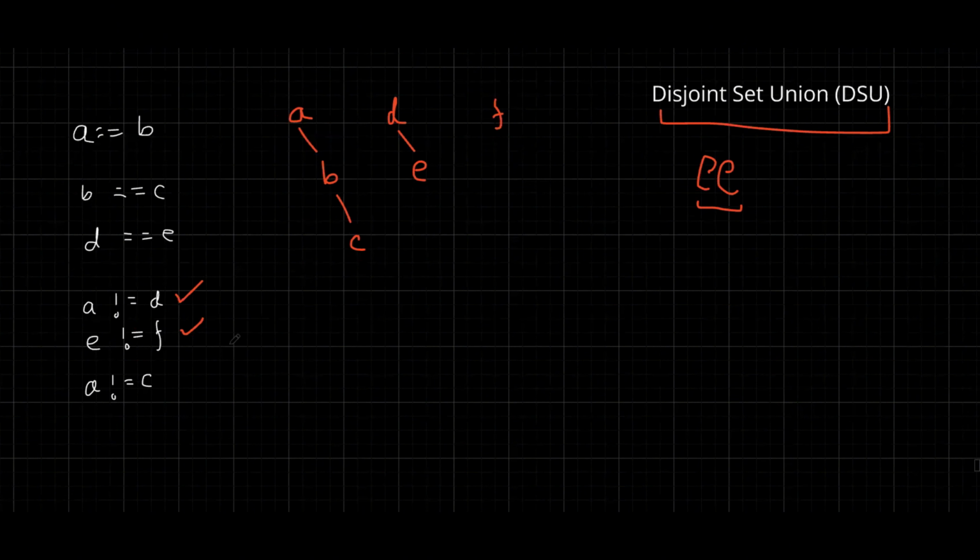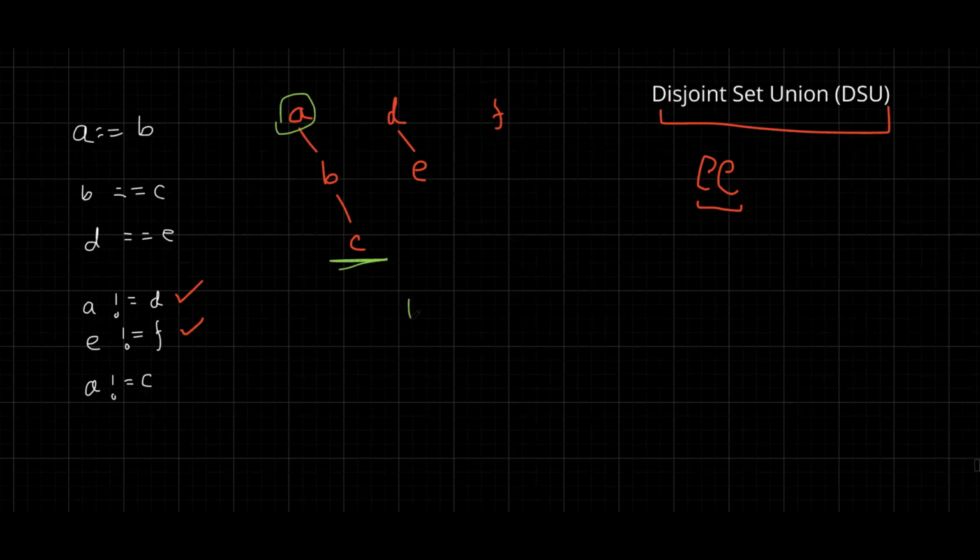So here, now our problem is how can we determine whether both of them are present in the same component. Basically, here we will use the disjoint set union, and we will always get the ultimate parent of each of the nodes.